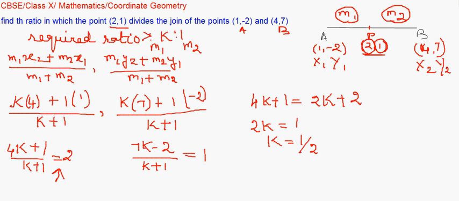As I had already assumed my required ratio as k is to 1, the ratio can now be represented as half is to 1. Or if we represent it better, multiplying both by 2, I get 1 is to 2. So this is the required ratio of m1 is to m2 in this question.